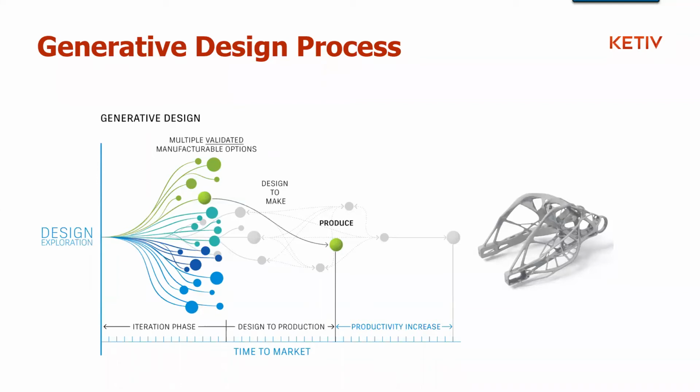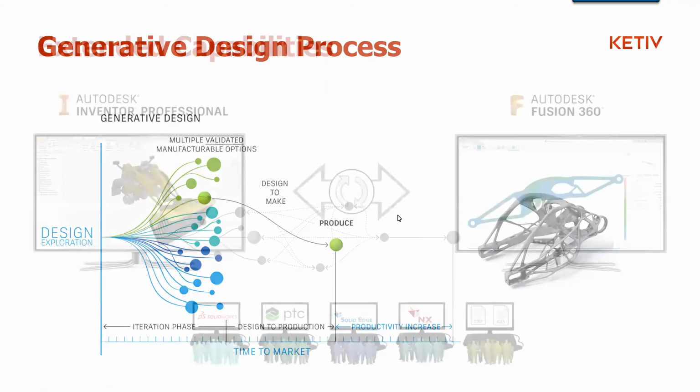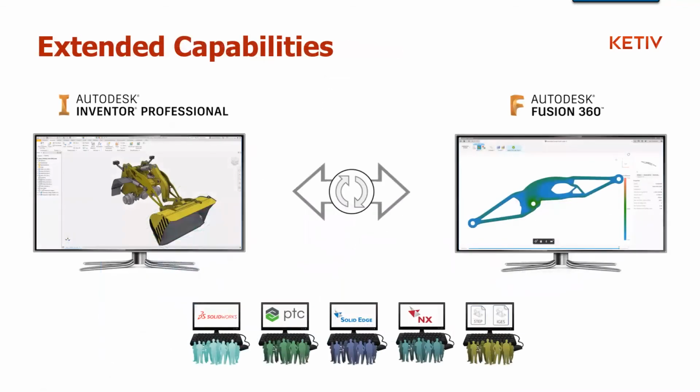With that being said, again, you're not just limited to working with Fusion 360 models. I want to make sure that I point out, especially in the AVAs, there's a lot of Inventor users. If you have Inventor, you can use generative design, but you want to make sure that you have Fusion 360.